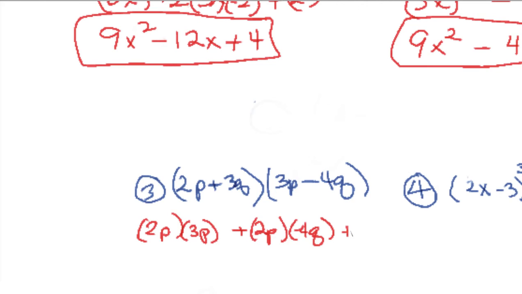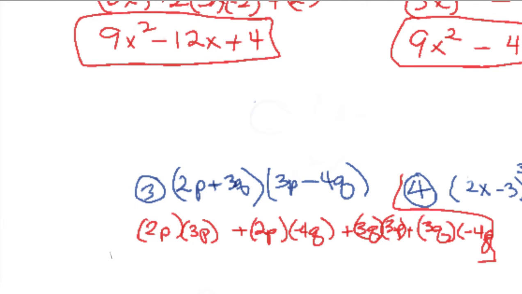The inner would be 3q times 3p. And then the last one would be minus, running out of space here, 3q, or plus the 3q times the negative 4q. Ran a little bit into the space of the other problem.